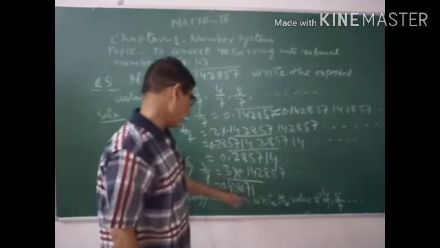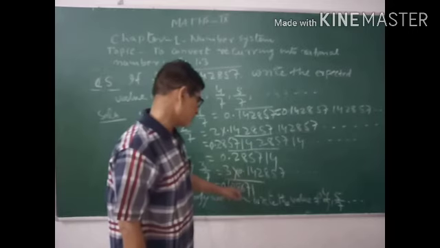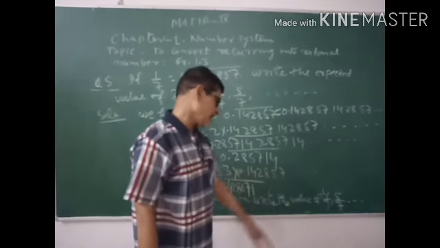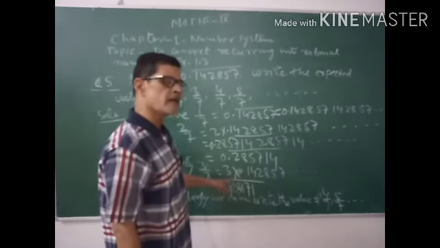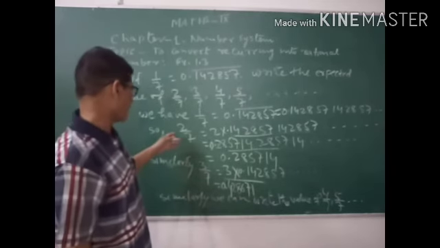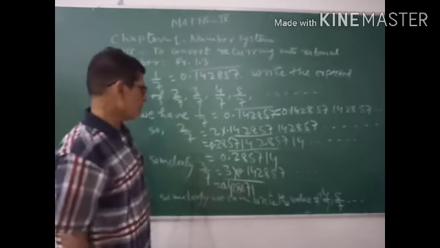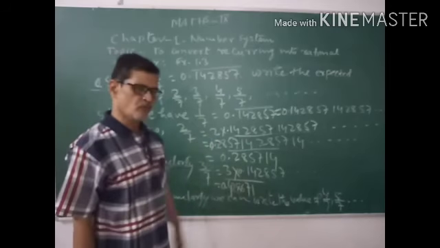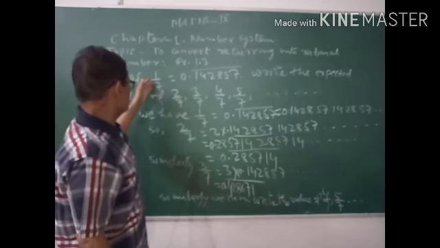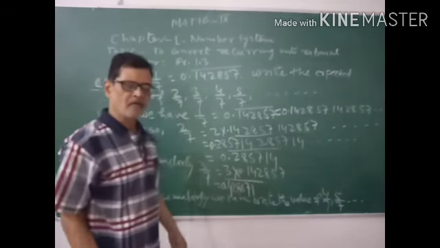If you multiply it, you will get 0.428571. The same digits will occur again and again, so I have put recurring on these digits. Similarly, by multiplying by 4 with the value of 1 by 7, you can get the value of 4 by 7, and by multiplying by 5 with the value of 1 by 7, you can get the value of 5 by 7.